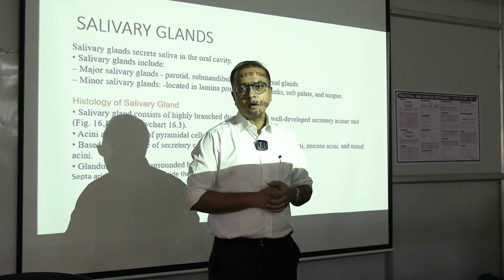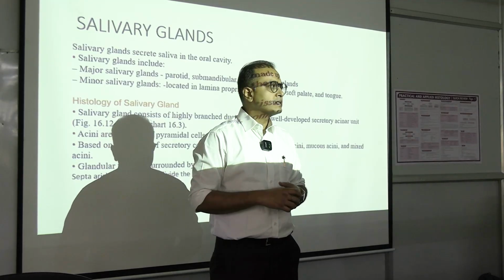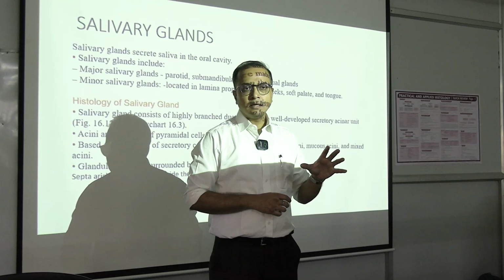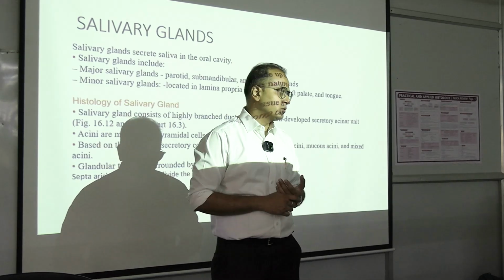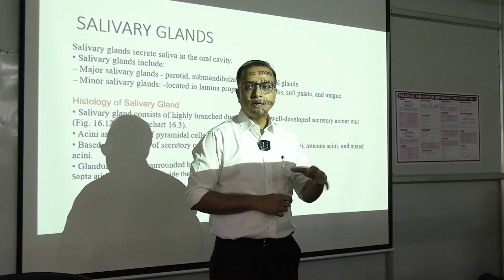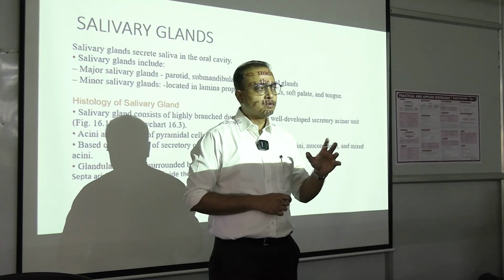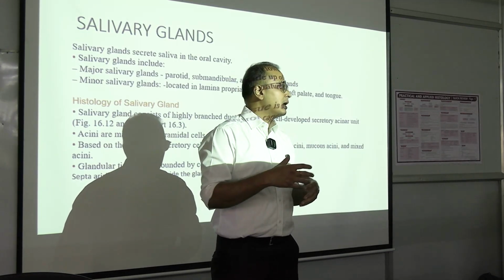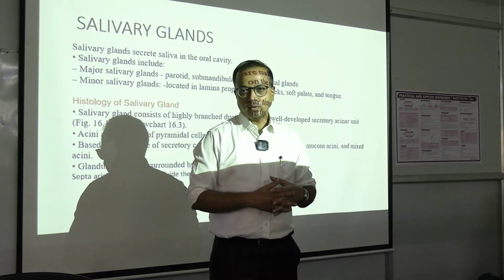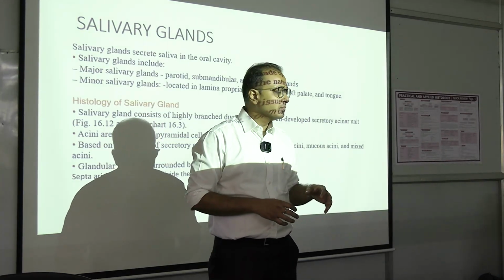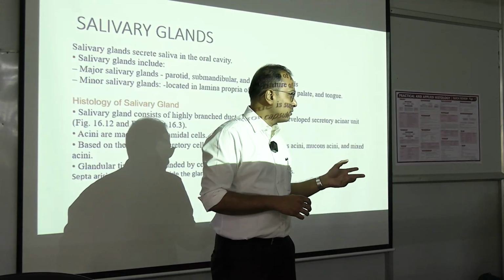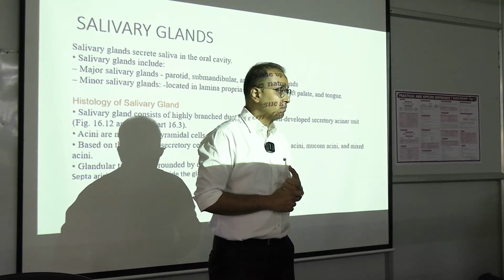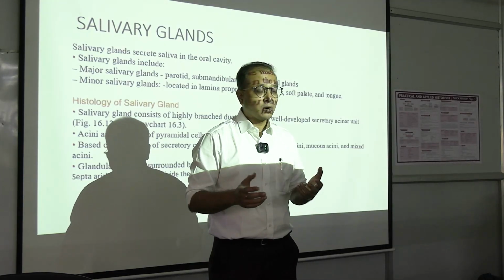But if you talk about the functional capacity, amongst these three, the submandibular gland does most of the job. The submandibular gland produces about 2/3 of the saliva secretions. Even though the parotid gland is the largest, it does not do that much. The remaining 30% comes from the parotid gland as well as the sublingual gland and minor glands.